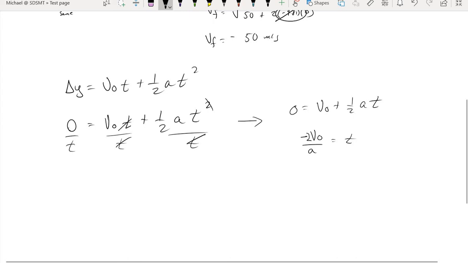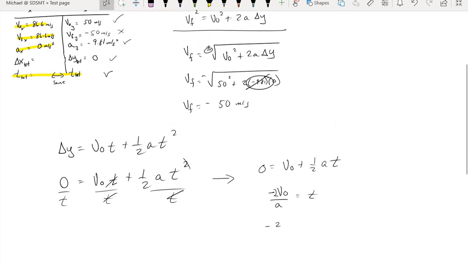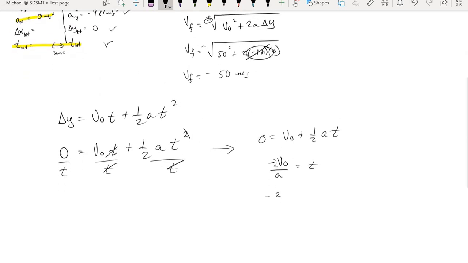Now you might be a little uncomfortable with that just because of the minus sign out there, but let's see what we have for terms to work with. Our initial velocity component was 50, and we have an acceleration of negative 9.8. So that takes care of itself, which is good, because we can't have a negative time.